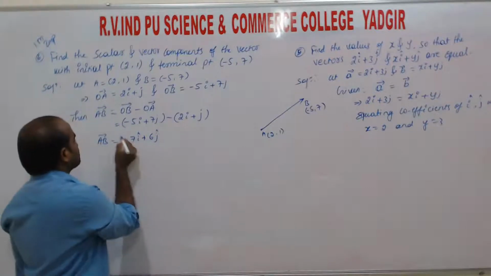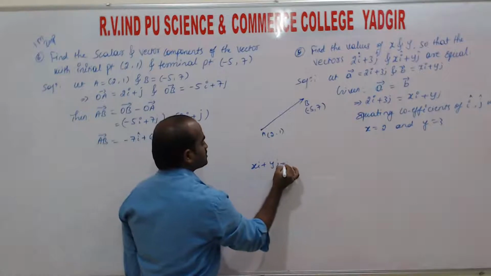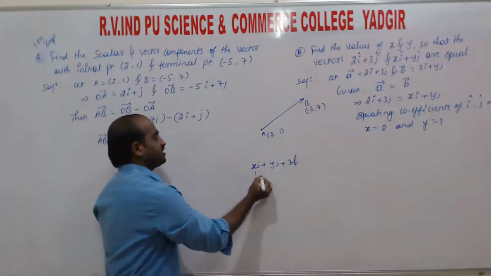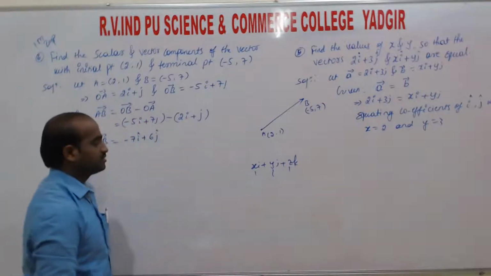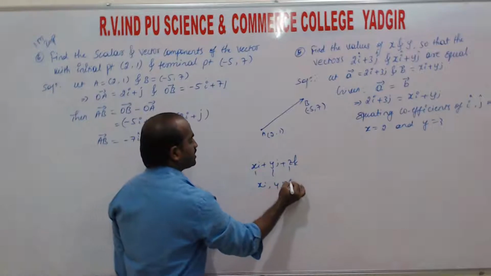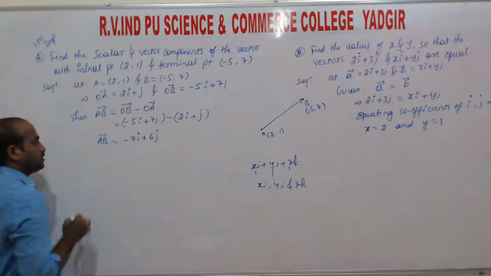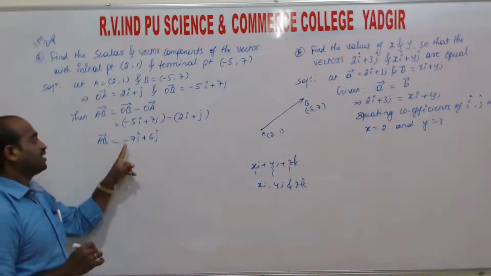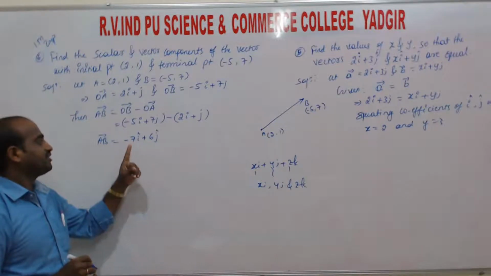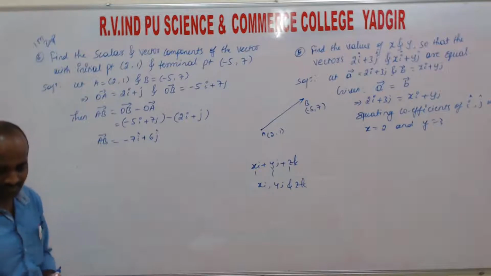Okay, this is of the format xi plus yj plus zk, the components form. x, y, z are scalar components. Now xi, yj and zk are vector components. Therefore, scalar components are minus 7 and 6. Vector components are minus 7i and 6j. That we have to find.